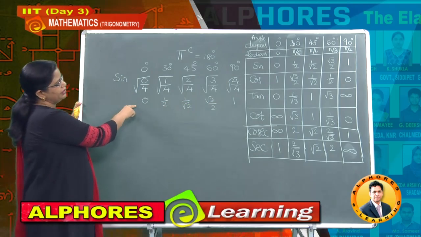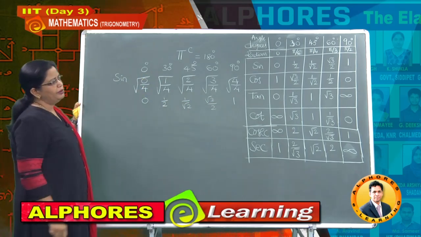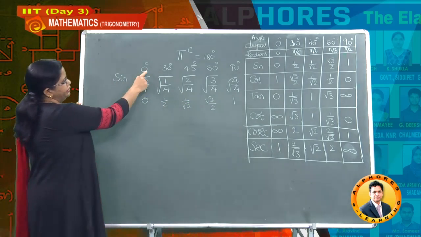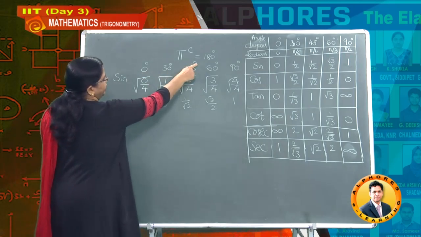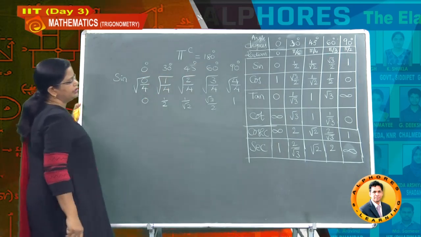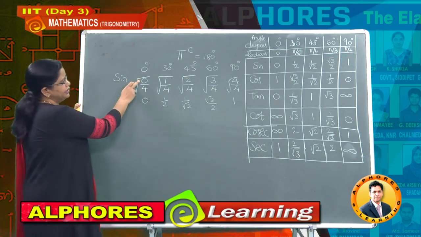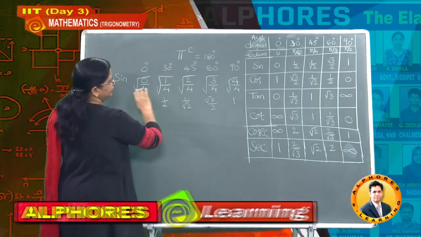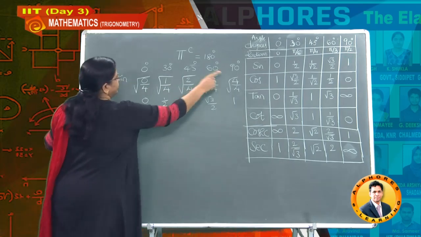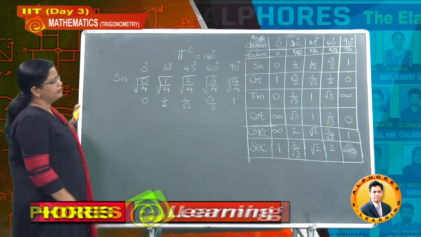So now you observe, this is the first row I wrote, sine value 0, 30, 45 degrees, and next one it is nothing but how much? 90 degrees. In this way easily you can remember: in the beginning stage 0, 1, 2, 3, 4, divide by 4, the last number, after that just take square root.